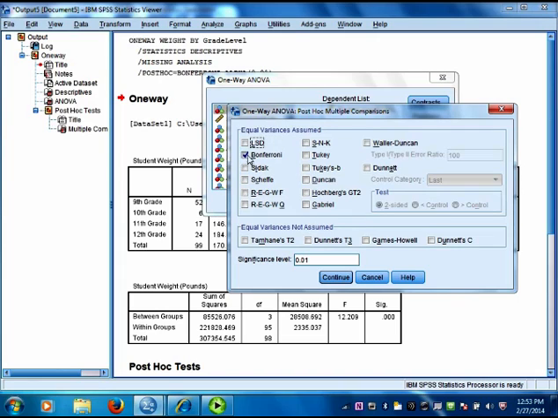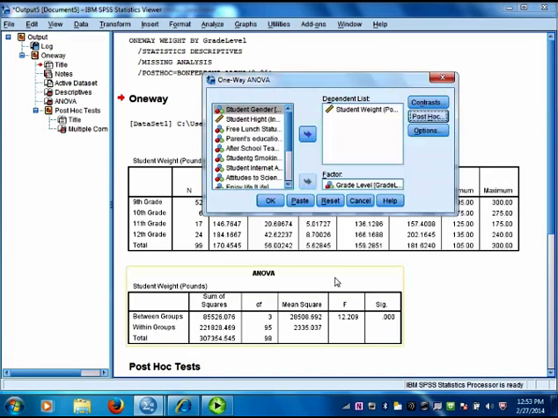I use the Bonferroni multiple group comparison test to test the specific group mean differences and see if they are significant. And I want to set my p-value, the significance level, which means the probability of type 1 error, at the 0.05 level. And I'll say continue.